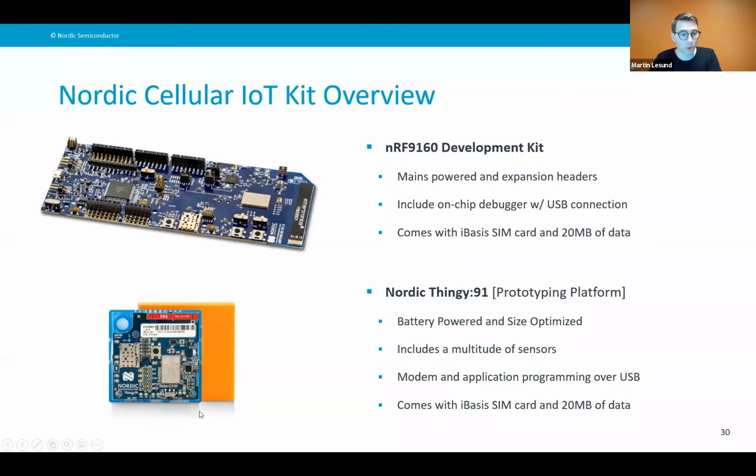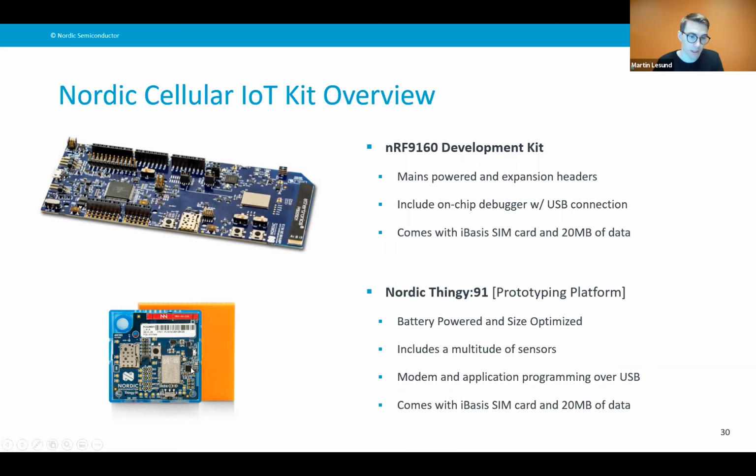And this other neat product we have is this Nordic Thingy 91. This is a prototyping platform. It is battery powered. If you know about our Thingy 52, this is the Thingy 91, so it's just the same thing with the nRF9160 on board.